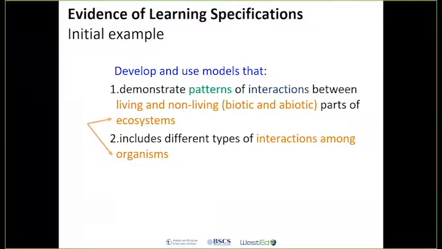And this is a good start to writing an evidence of learning specifications. It's not very specific yet, but it kind of gets an idea of where we should be going three-dimensionally. So we have our science engineering practice, we have our cross-cutting concept with patterns, and we have our content.